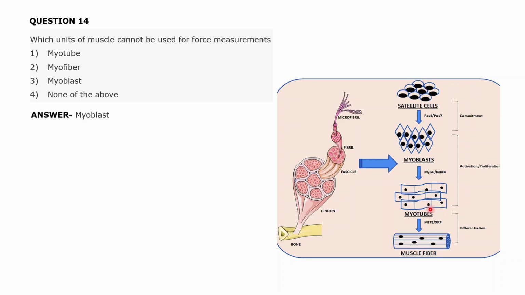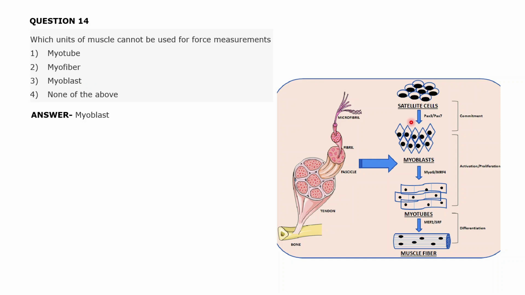If you have a myotube, you can study the force measurements generated by contraction and relaxation of this myofiber, right? A myofiber is basically a collection of myotubes. It can also contract as well as relax, and therefore it can generate a force which can be used for this kind of measurement, right?